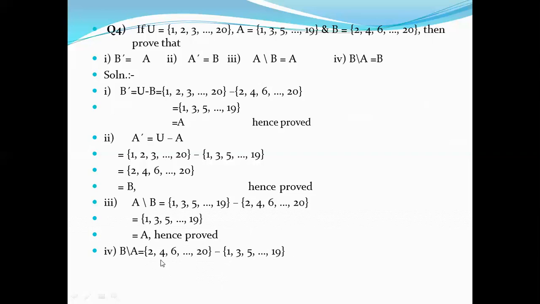If you subtract these two sets, nothing will be subtracted. So the complete even number set will come in the answer. If you compare this answer with set B, both are equal. Hence proved that B minus A is equal to B. So this is the fourth part of question number 4.